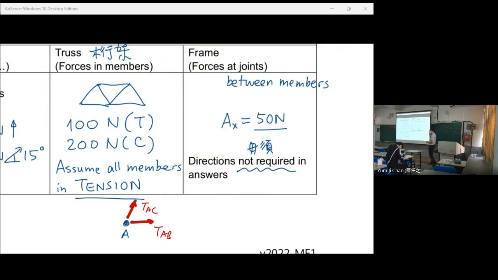Now, if you have finished writing down this table, then you can go to the next page. Any questions up to now?